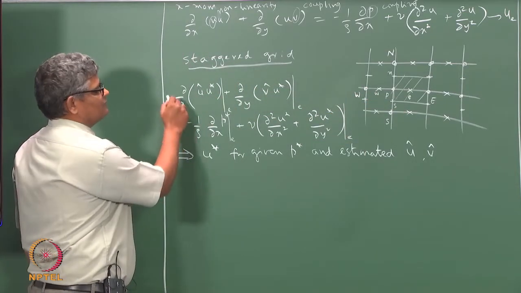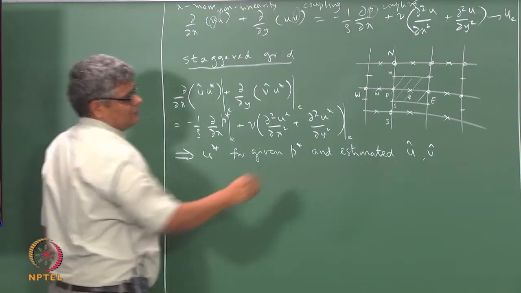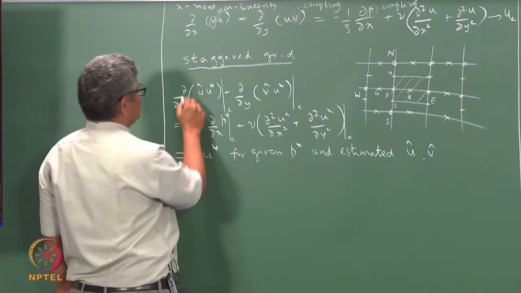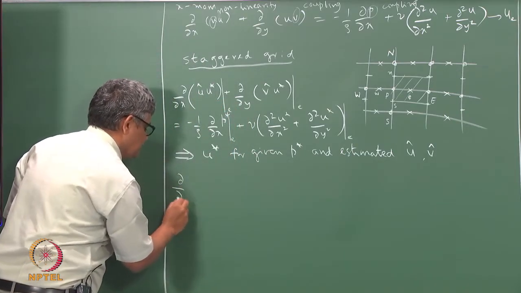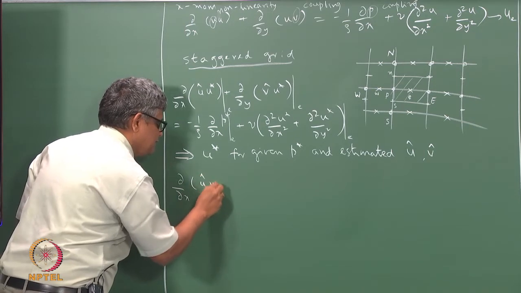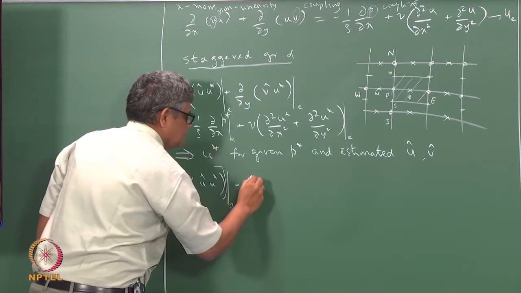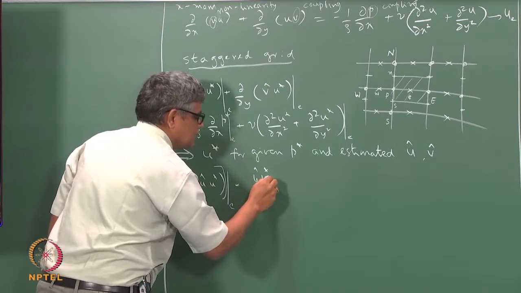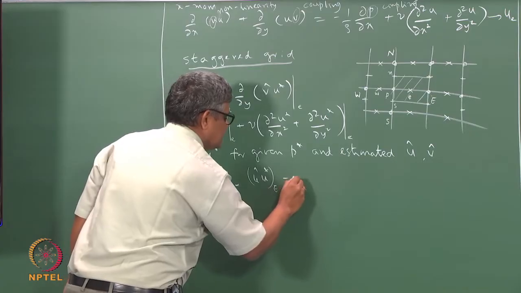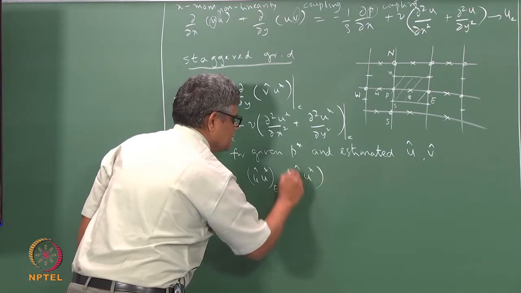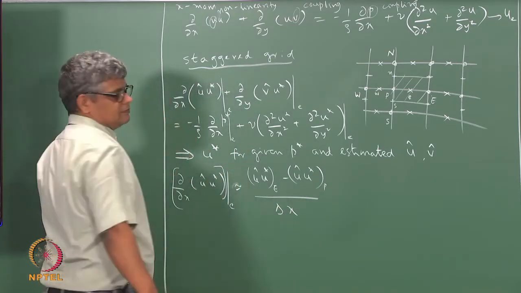Now, if you consider the first term here, this is ∂/∂x of u hat u star at e. Because it is ∂/∂x, we can write ∂/∂x of u hat u star at point e as u hat u star at capital E minus u hat u star at capital P, divided by delta x.